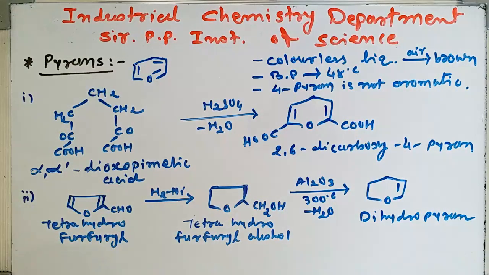This compound, dihydropyran, is used as a protecting agent for alcohols and phenols because the compound condenses with alcohols or phenols in the presence of anhydrous acid to give an acetal form, from which the alcohol can be easily regenerated by mineral acids.